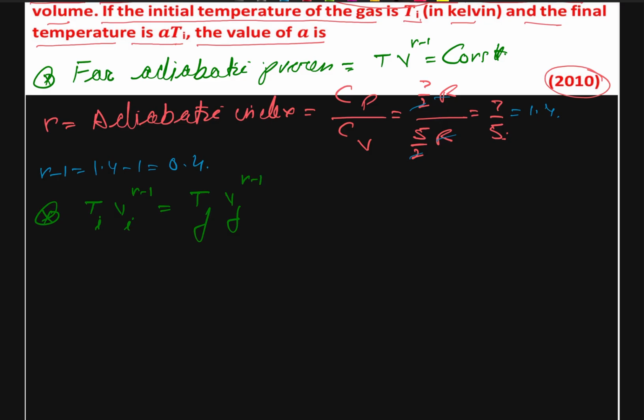And we are given that the final temperature is A times our initial temperature, and that our final volume is equal to 1 upon 32 of our initial volume.